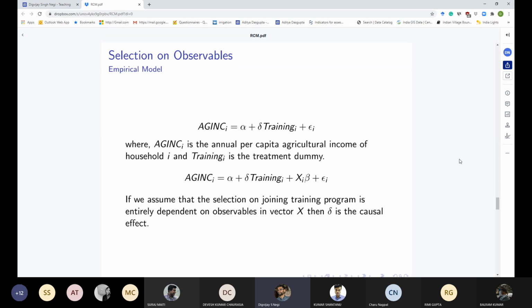Okay, so let's write a very simple empirical model to estimate the causal effect. Another thing, just a digression. Another thing I would like you people to learn from this course, or in general from all econometrics courses, is how do you write an empirical model.